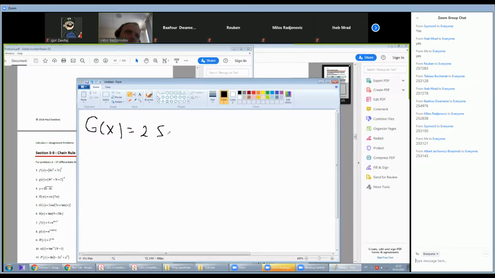It equals 2 sine of 3x plus tangent of x.